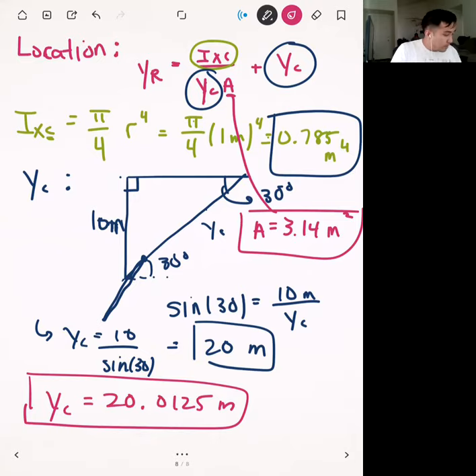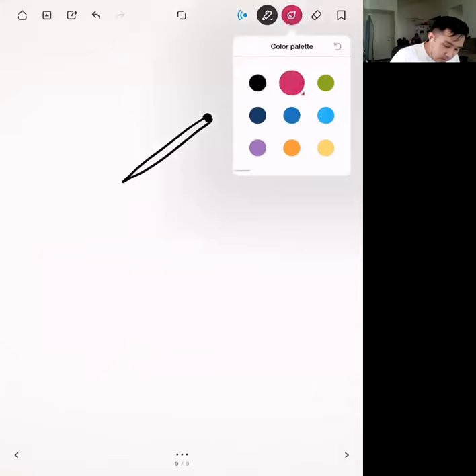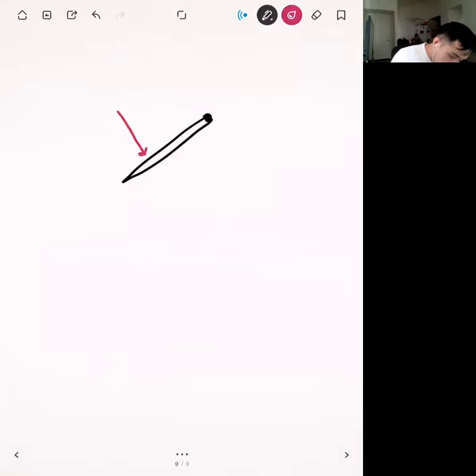And so now that we have the magnitude and the location, let's draw these into the figure so that we can go ahead and solve this. Okay. So here's our gate. Actually, let me draw it a little bit shallower because that's a bit more accurate. And so here on the outside, we said that FR was our magnitude.